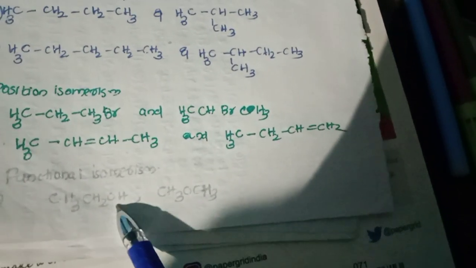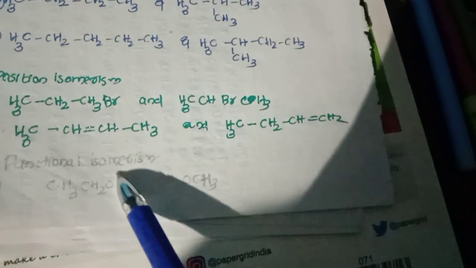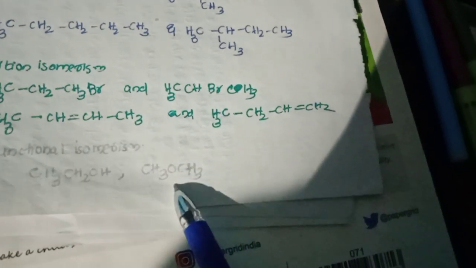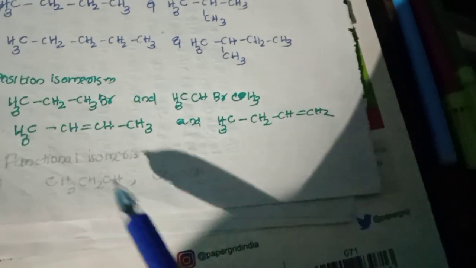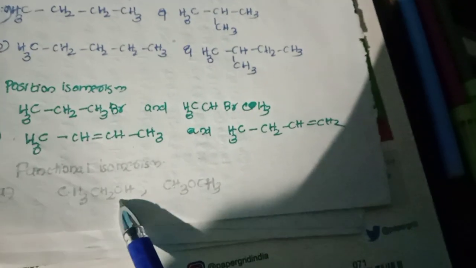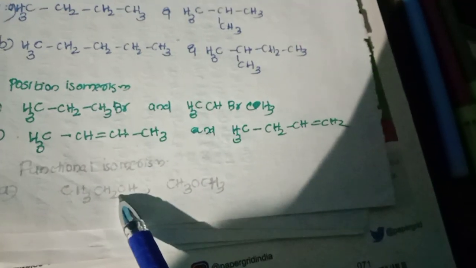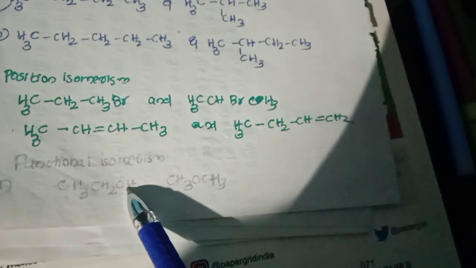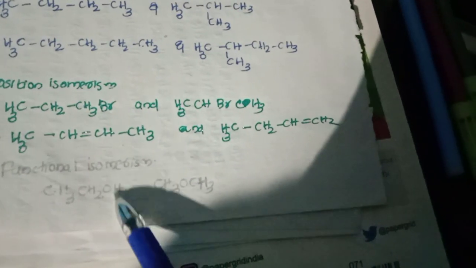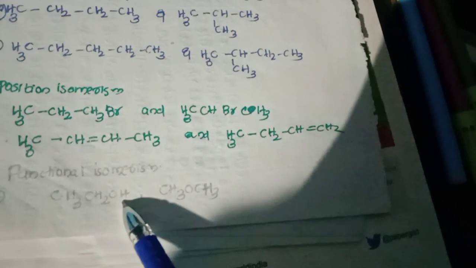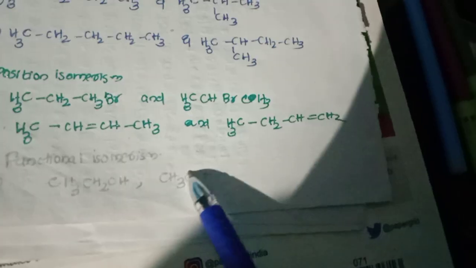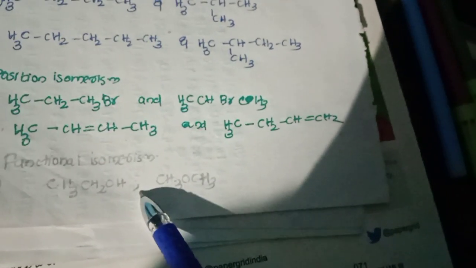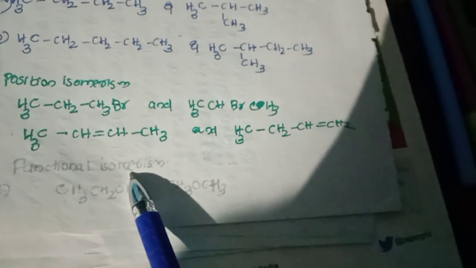But in this case the functional group is OH, the hydroxyl group, and in this it is O. Both are different due to not the position but the functional group present. Here OH, here O, so that type of isomerism is called functional isomerism.